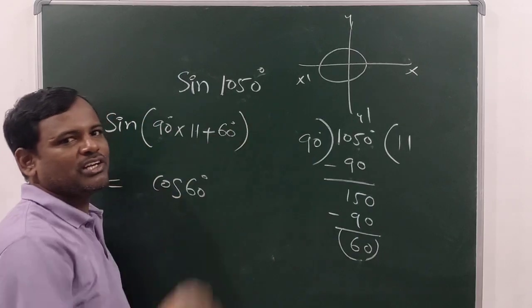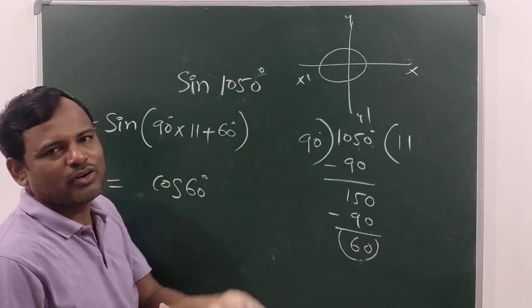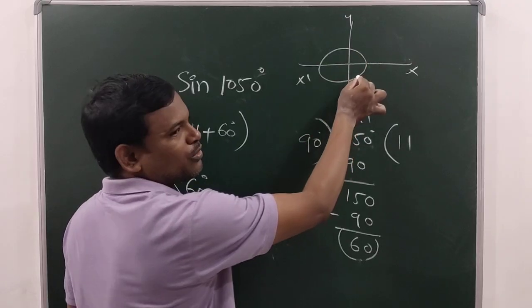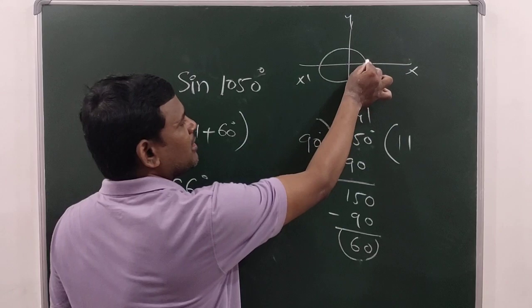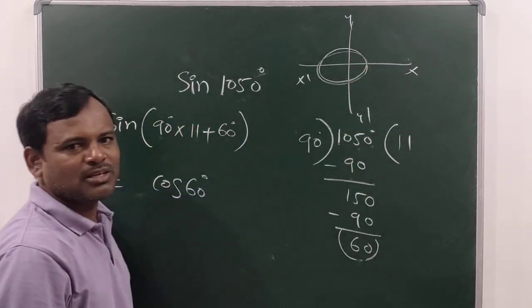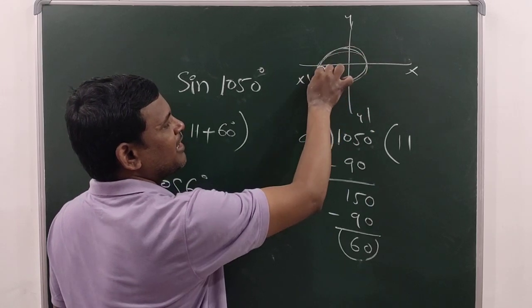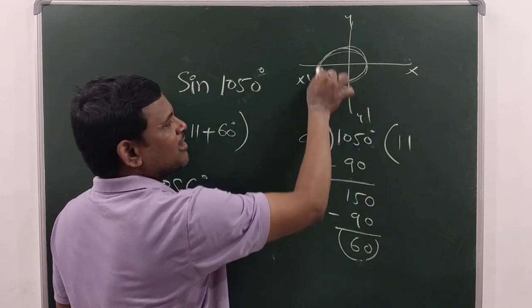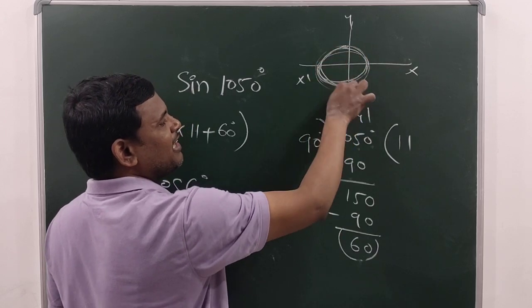When you complete one rotation, we rotate 4 90s. One rotation means 4 90s. Again, 2 rotations completed means 8 90s, then 9, 10, 11.